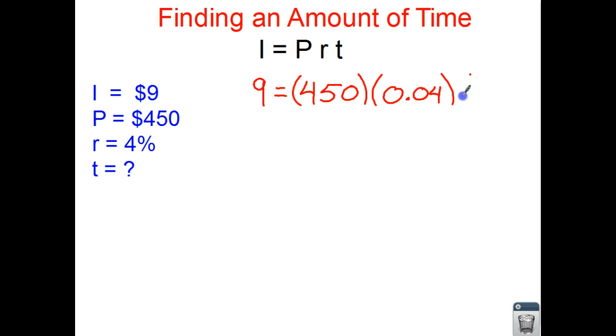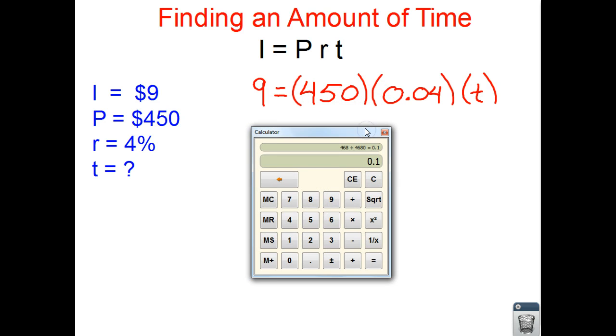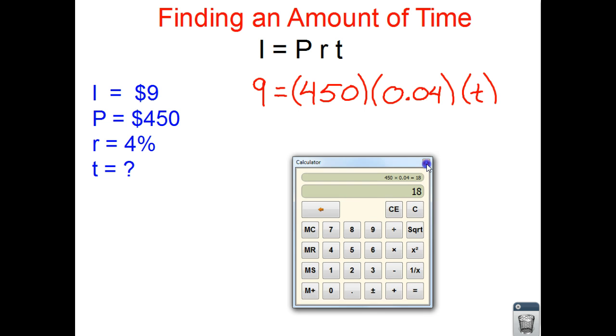And the time is t. Go off to the side of your paper, do your multiplication. I will use the calculator again. 450 multiplied by 4 hundredths. And that is 18.